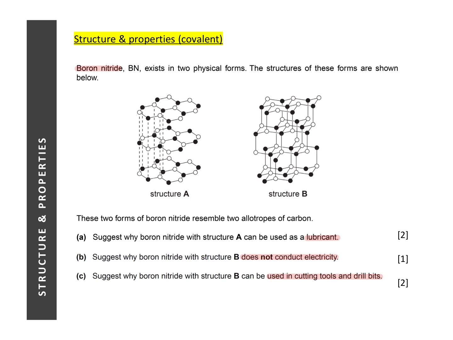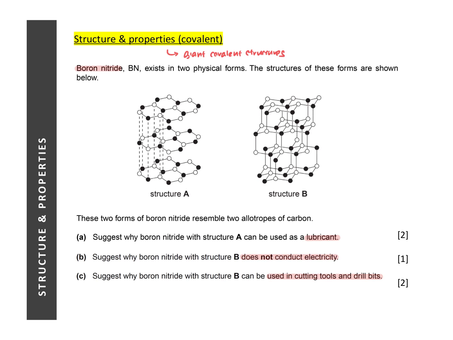Again, we look at another question where we are supposed to explain the properties using structure and bonding. And when you see a diagram like this, hopefully it will come to your mind that we are looking at giant covalent or giant molecular structures.